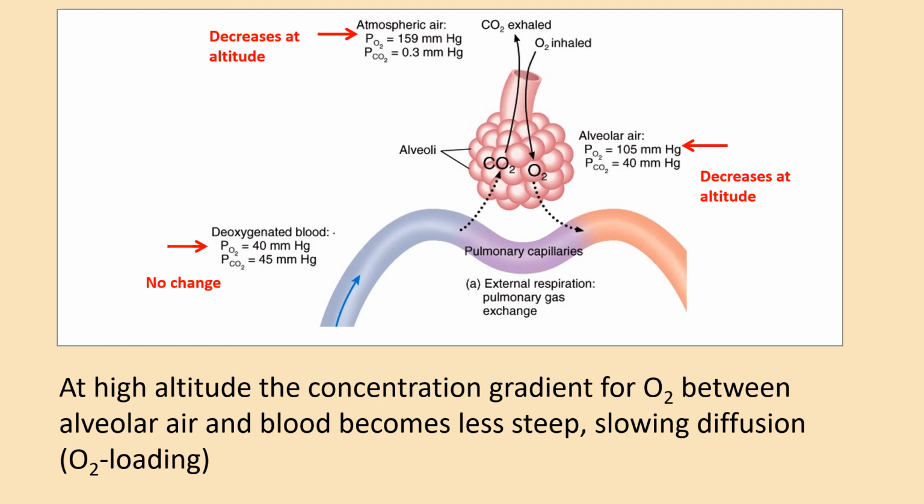So at 10,000 feet, the partial pressure of oxygen is roughly 110 millimeters of mercury. And that's going to influence the partial pressure of oxygen in alveolar air. At 10,000 feet, the partial pressure of oxygen in alveolar air is about 50 millimeters of mercury. And here we have our blood moving into a pulmonary capillary.